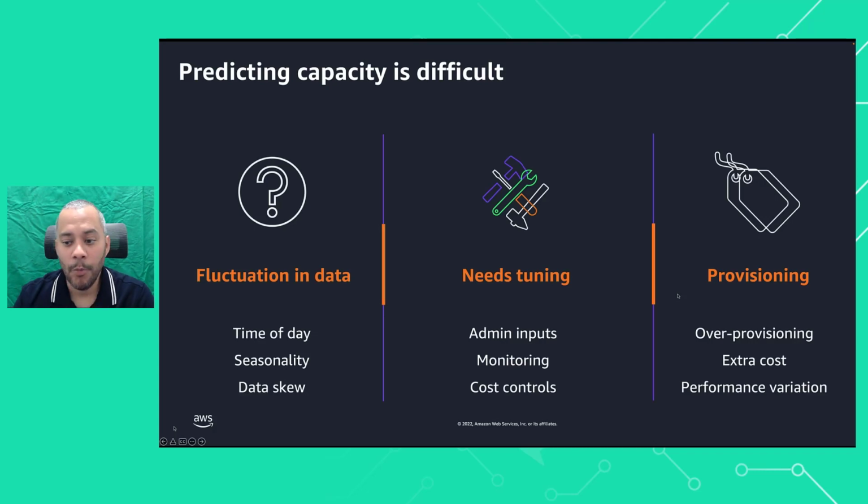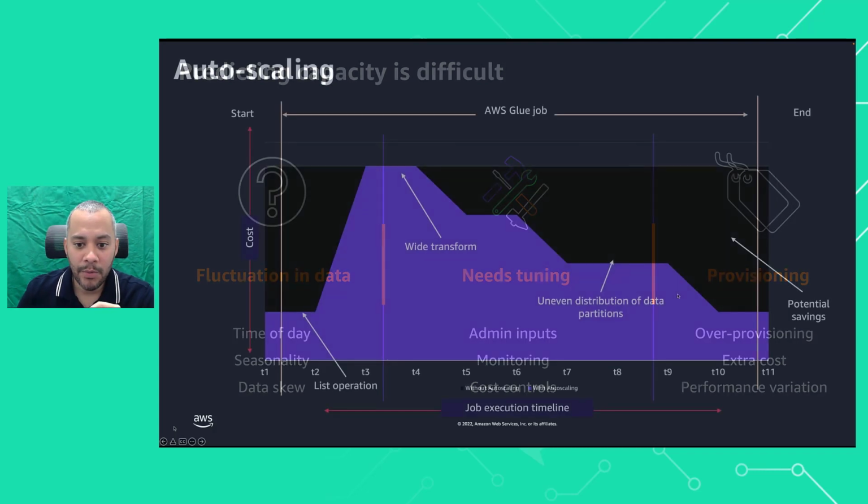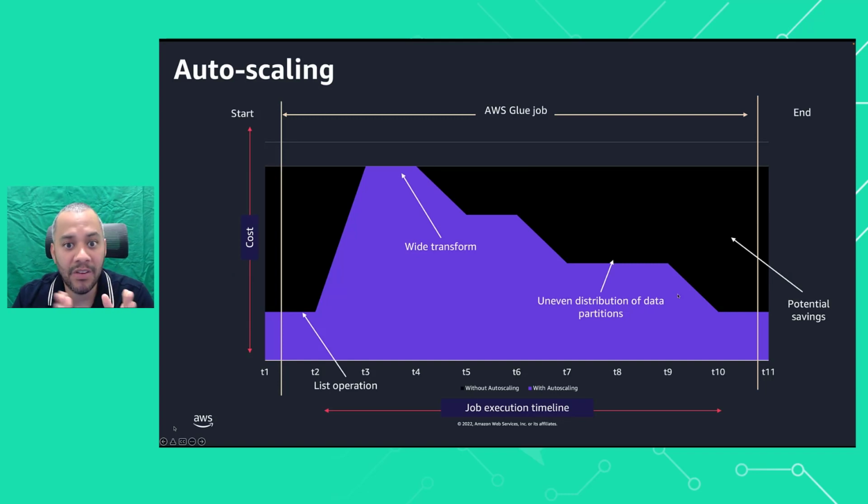So for that, we released Glue auto scaling. How does this work? You are going to set up a limit of the number of DPUs or resources that you want to have as part of your job. And based on that limit, we are going to scale up or down the number of DPUs depending on the task of your job.